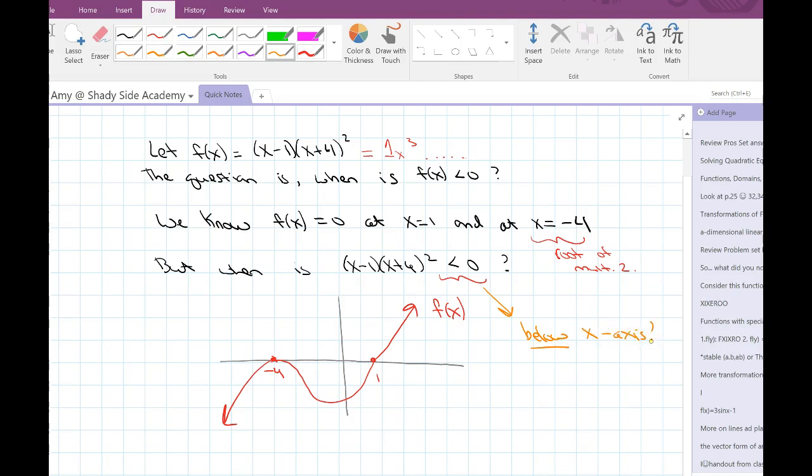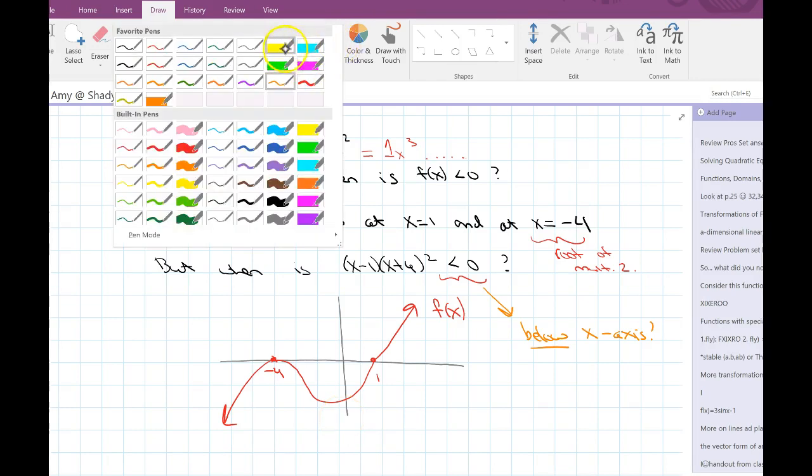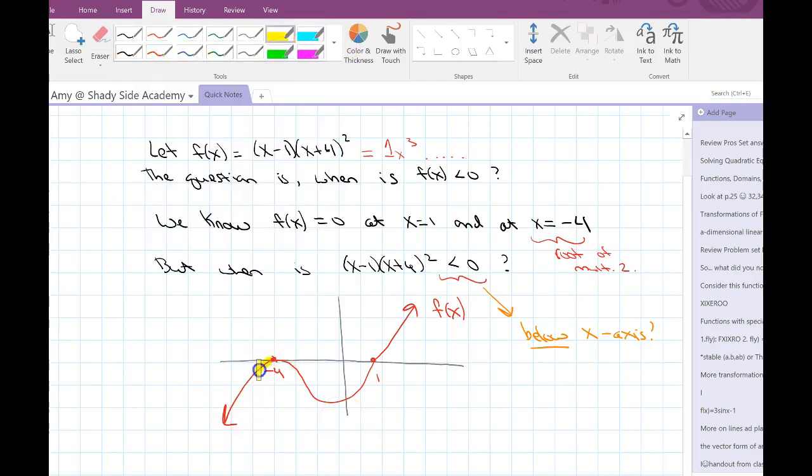Because for all values of x where the function is below the x-axis, the y values are going to be negative. So what we're looking at here is this. This is where the function is below the x-axis. Now I'm going to make something clear to myself: below the x-axis, less than 0, not less than or equal to. So I don't want to include those values of x where the function equals 0.